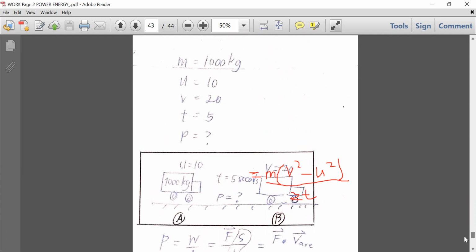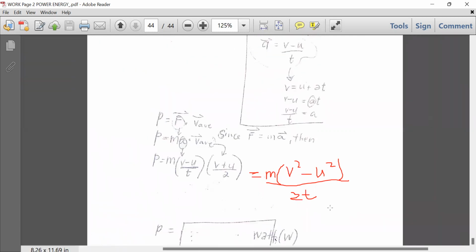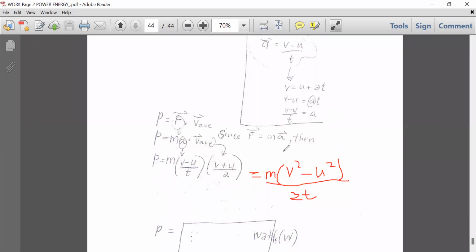So we have mass 1000, multiplied by V squared, 20 squared is 400, minus U squared, 10 squared is 100, so minus 100, divided by 2 times 5. Time is 5 seconds, and 2 times 5 is 10.